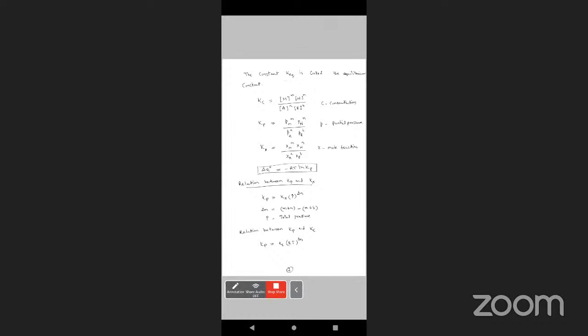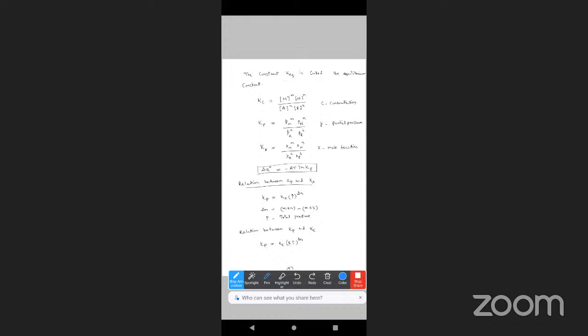That equilibrium constant we can write in terms of concentration, or in terms of partial pressures, or in terms of mole fraction. For any reversible system, we can write it in these ways.